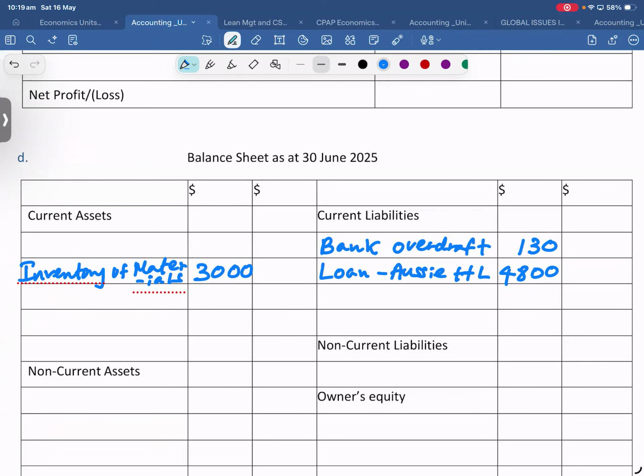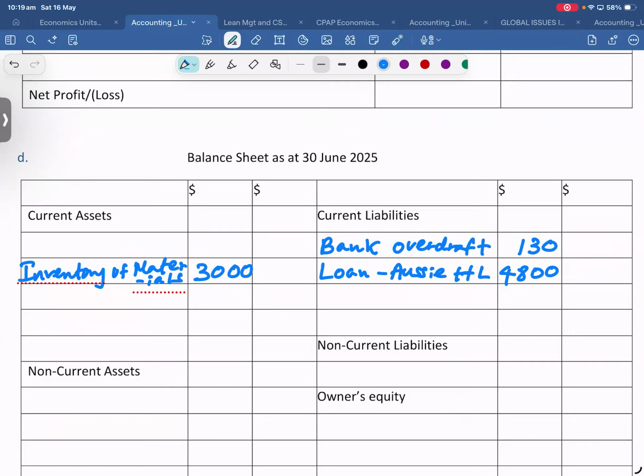It happens in the next 12 months. Yes, that's the thing. As long as it satisfies the 12-month period, that is what we report as current.